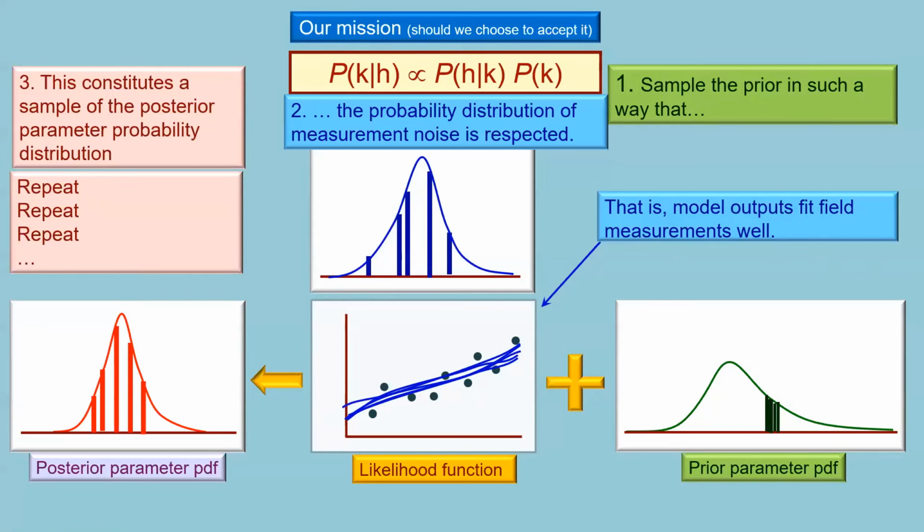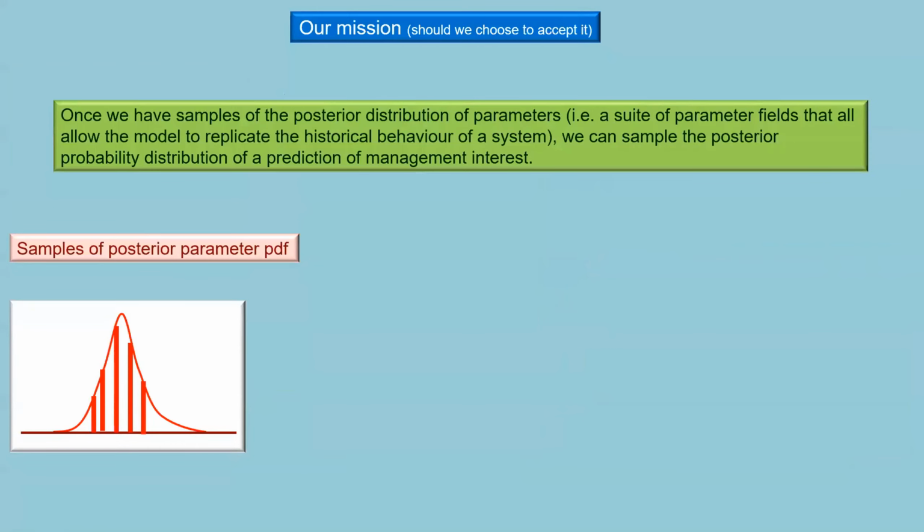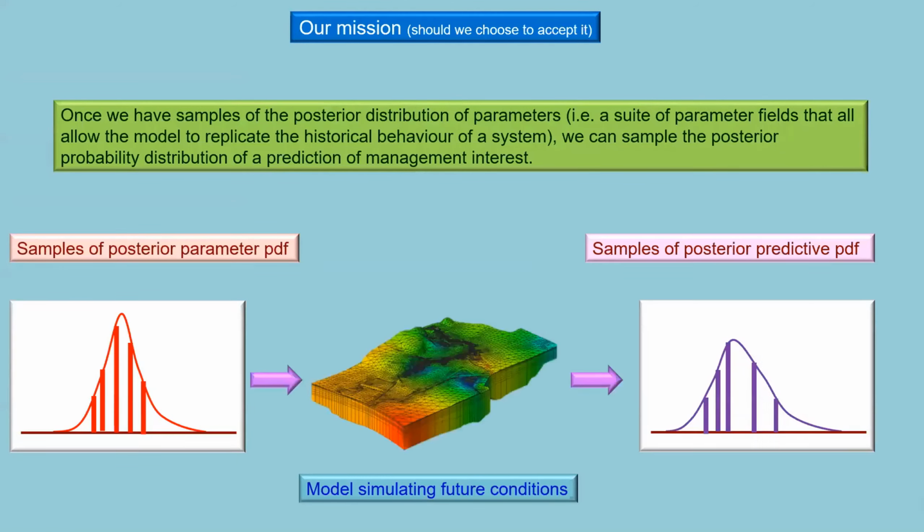And when we have attained enough samples of the posterior parameter probability density function, we then run the model into the future and we sample the posterior predictive probability density function.